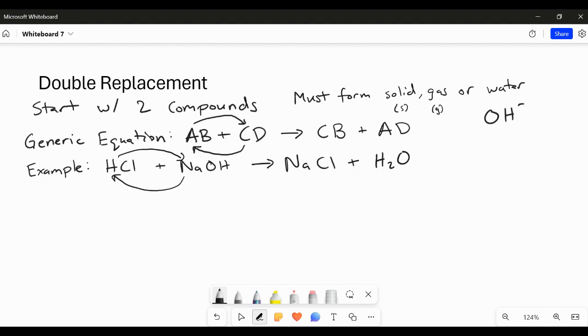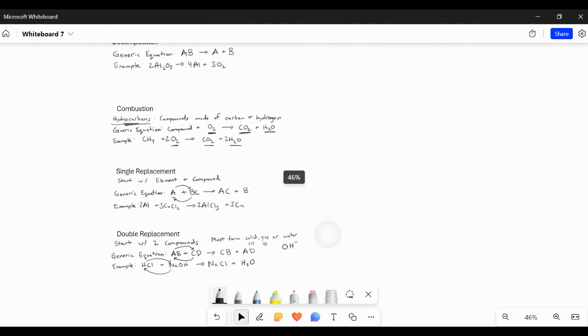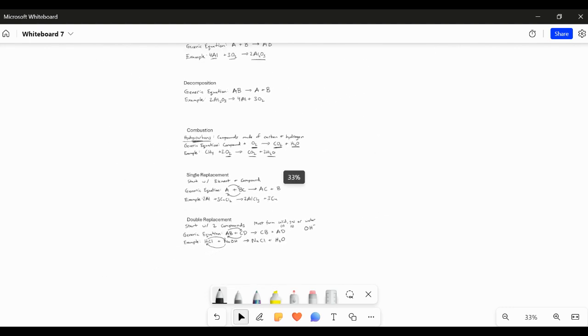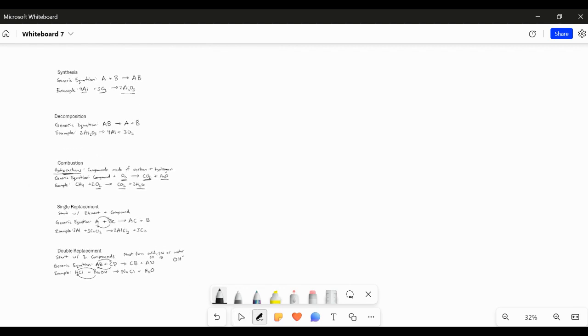Okay. So let's recap real quick. Just trying to get this all on one screen. First, synthesis. It's two things becoming one.